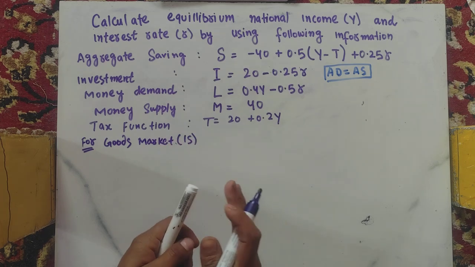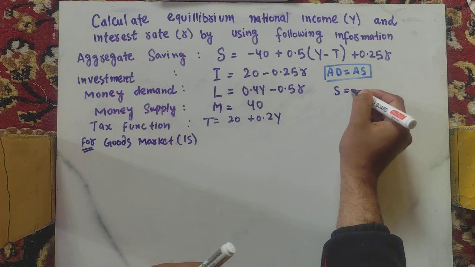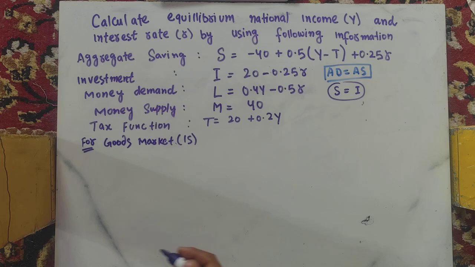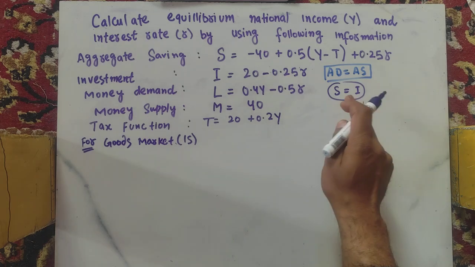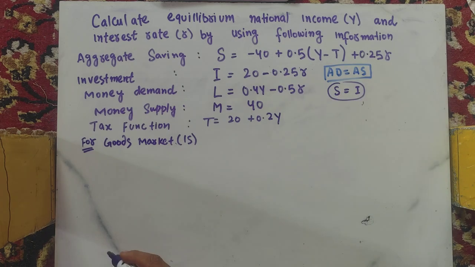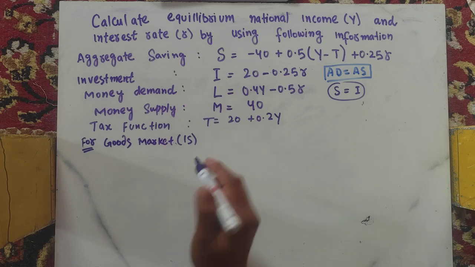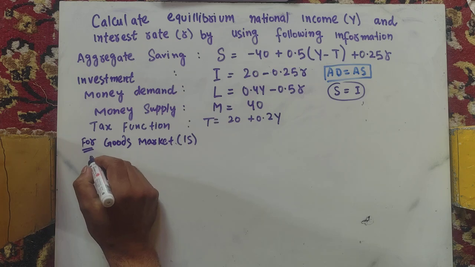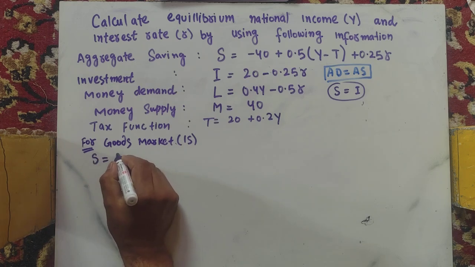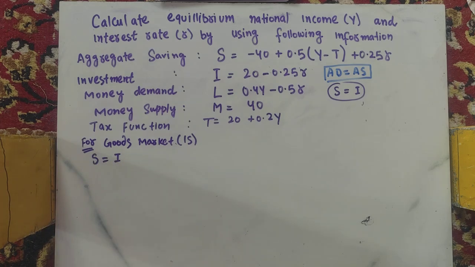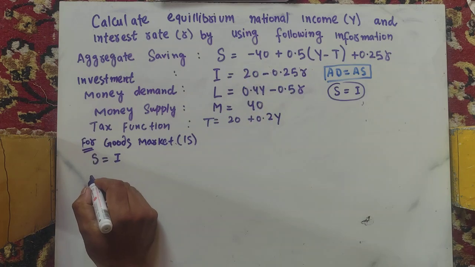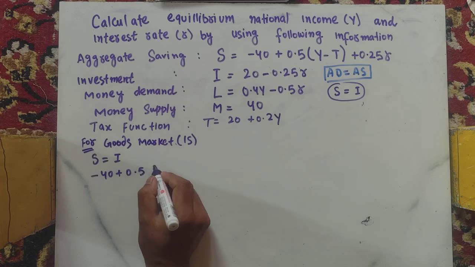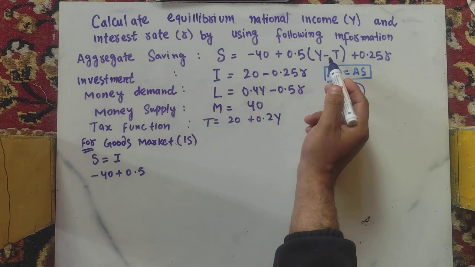So what will we do? We equate savings with investment in a closed economy. Our savings should be equal to the investment. So this is our savings function. Let us write it: negative 40 plus 0.5 times (y minus t).